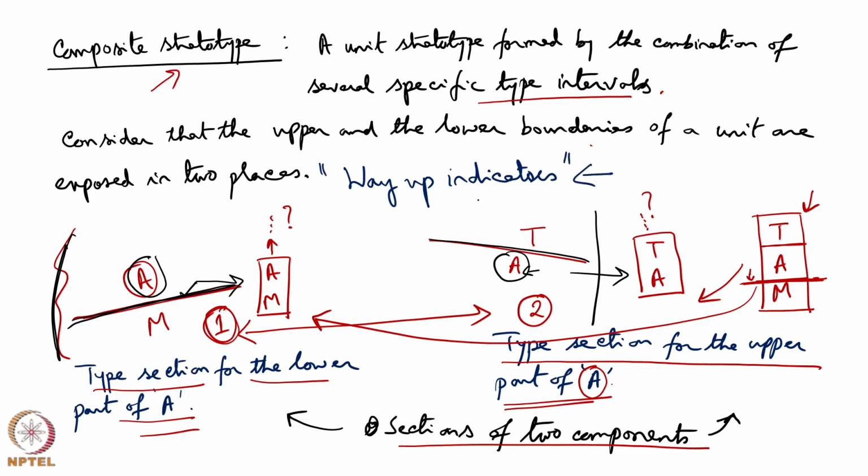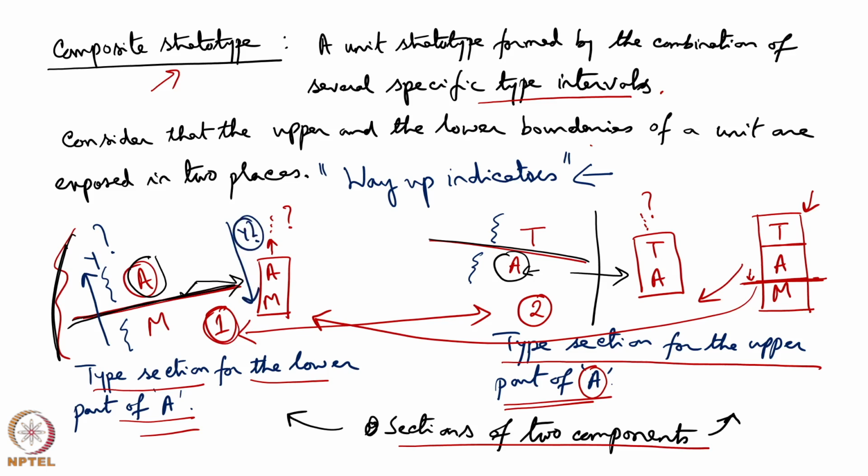Use the way up indicators within rock M, within rock A and within rock T, and try to understand, is this the proper younging direction or is this a younging direction? If this is a younging direction, that means the entire rock unit has got overturned.